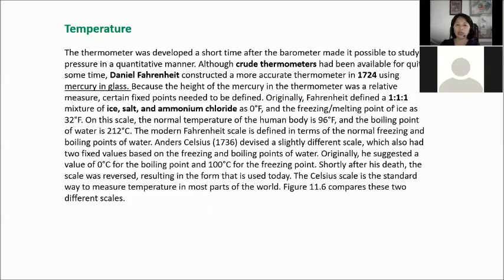Originally, Fahrenheit defined a 1:1:1 mixture of ice, salt, and ammonium chloride as 0 degrees Fahrenheit. And the freezing or melting point of ice is 32. On this scale, we have 96 as body temperature. Boiling point is 212 Fahrenheit.